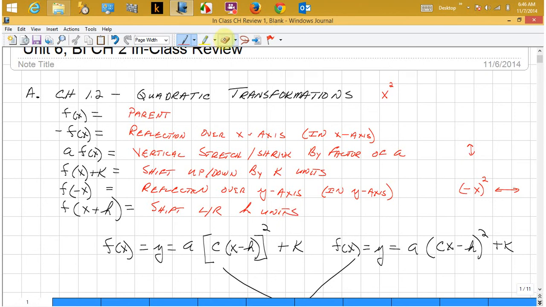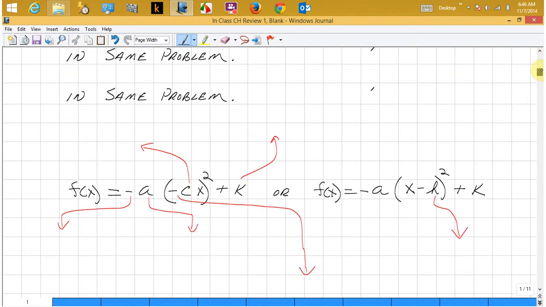And actually it would say x minus h because it would be the opposite sign. So let's correct that. Okay? And maybe I ought to add one more here. Let's see how much room I have.